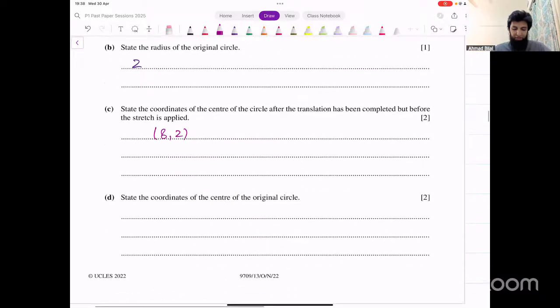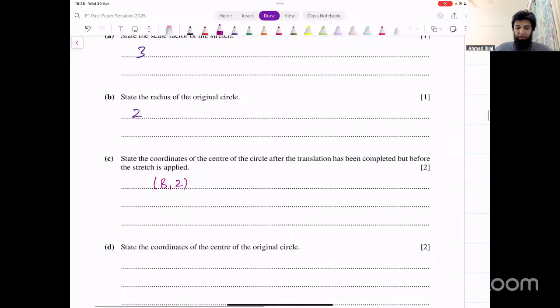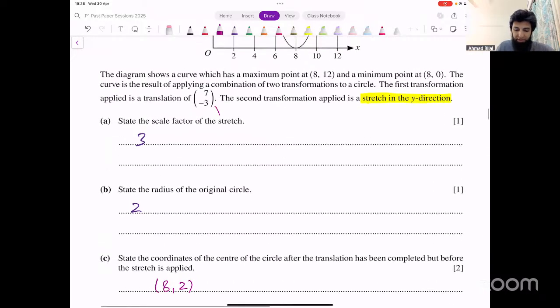Now it says state the coordinates of the center of the original circle in the very beginning. What's the center going to be for the original circle? So now what we have to do is reverse this translation as well. How do you reverse this translation? The translation in this case is 7, minus 3. In this case, you're going 7 units right.